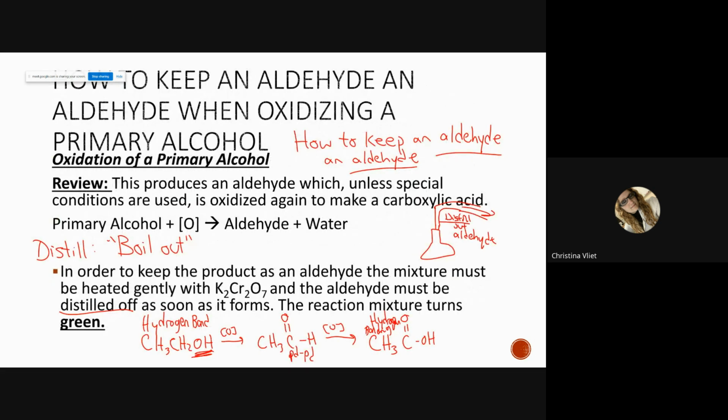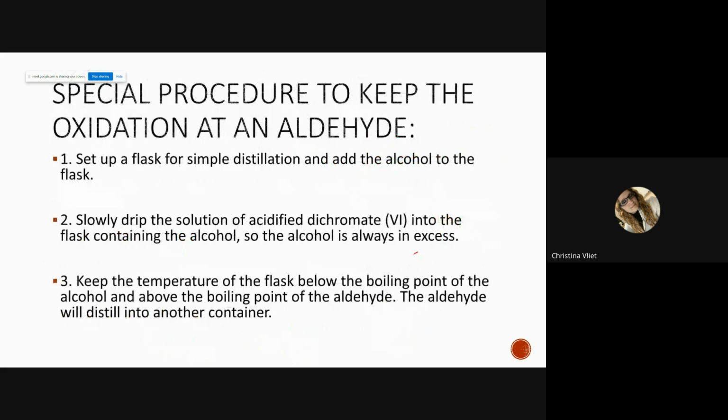All right. So this next slide is the special procedure to keep the oxidation at the aldehyde. This is just from what I found on a revision guide. But I have seen questions where they ask you about this process.